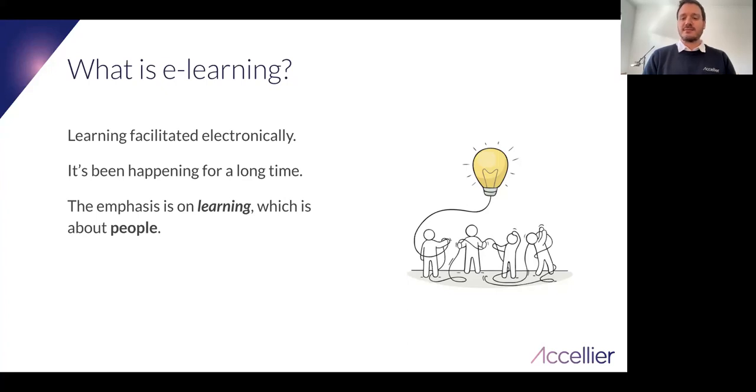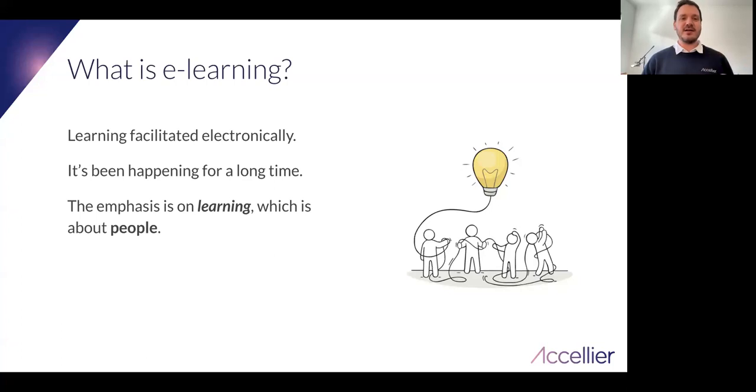But regardless of what kind of definition we get into here, the emphasis is on the learning part of e-learning. And that is important because that's about the people. The thing to remember with e-learning is that while the delivery method is different, the learning is not.